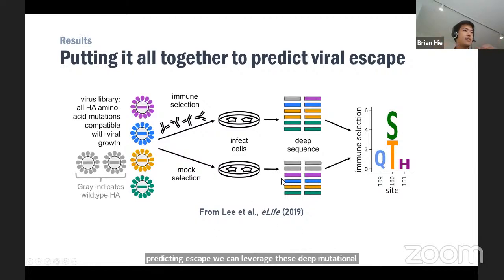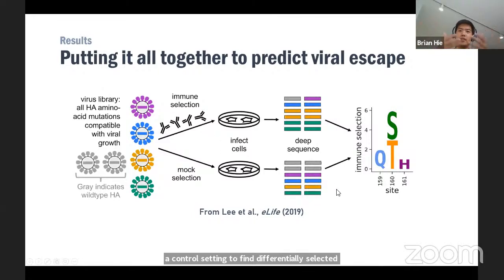In this case, this is from a paper by Jesse Bloom's group at Fred Hutch, where you can make all single amino acid residue changes to hemagglutinin, and then grow up this virus in the presence of neutralizing antibody or human sera, then infect cells, sequence the viruses that make it inside these cells, and then compare to a control setting to find differentially selected mutations that will escape from this immune pressure.